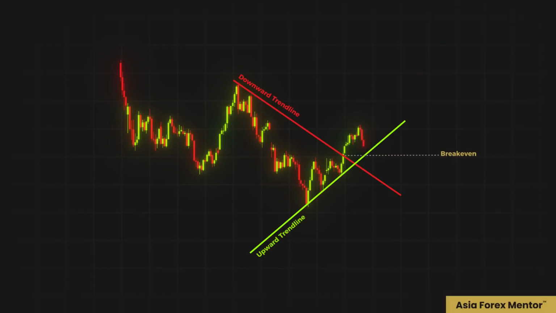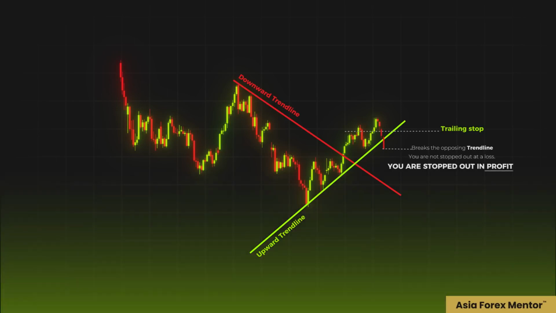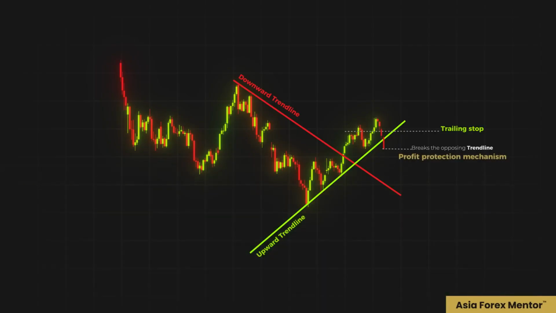Now, as price continues pushing higher, this is where you trail your stop loss further, right? You move it up again. This time, you are actually locking in profits, right? So now, if price reverses and breaks the opposing trend line, you are not stopped out at a loss. You are stopped out in profit. So the opposing trend line has gone from being your risk level to now being your what?